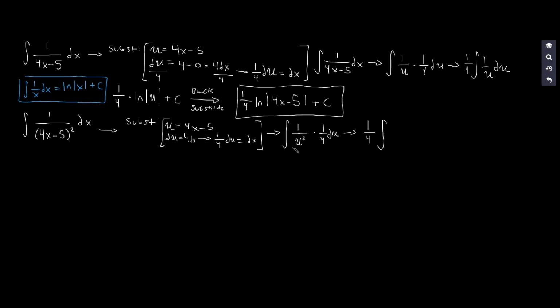And then I think I'm going to actually bring that u upstairs. So now we'll have u raised to the negative second power, integration with respect to u. This will be a classic power rule situation. That is, if you have x raised to the power of n, the integral of x raised to the power of n, integration with respect to x, that's going to equal x raised to the power of n plus 1, all over n plus 1. All right, so we'll apply that.